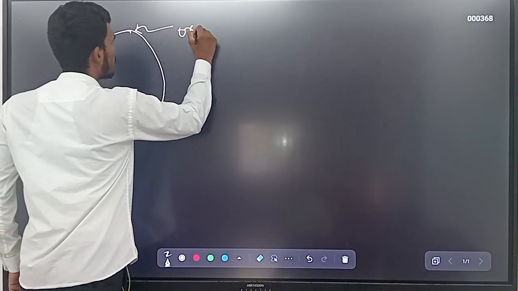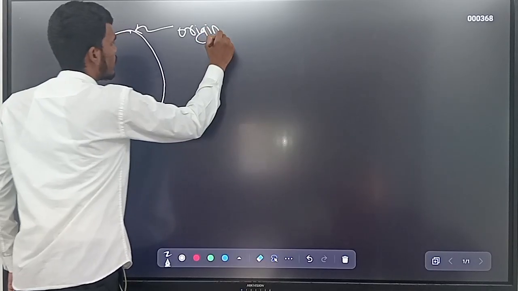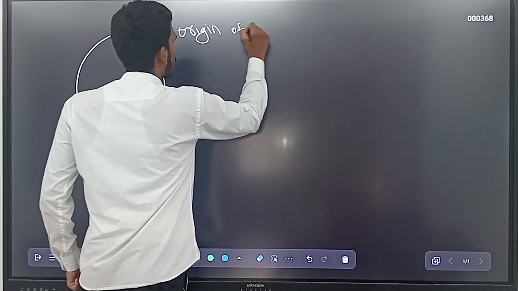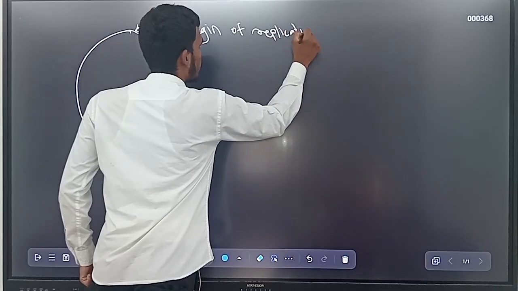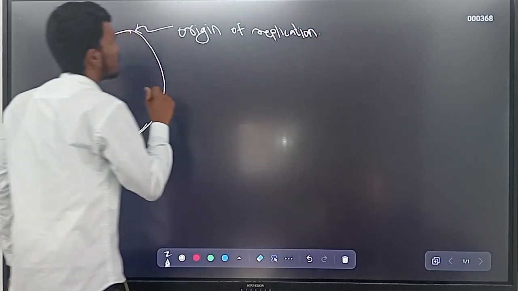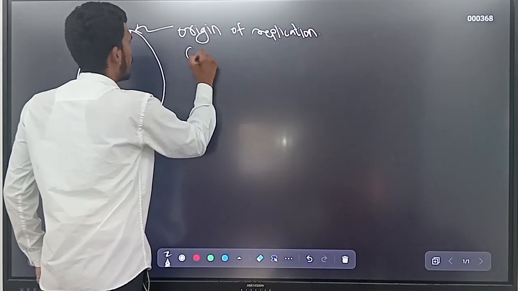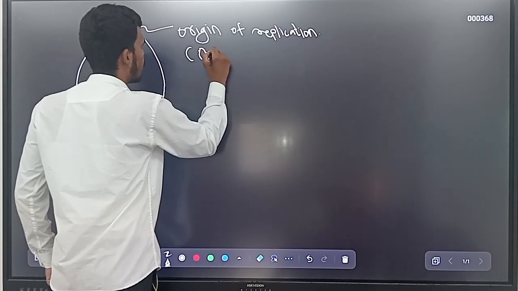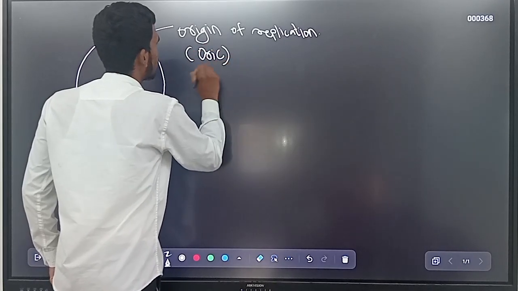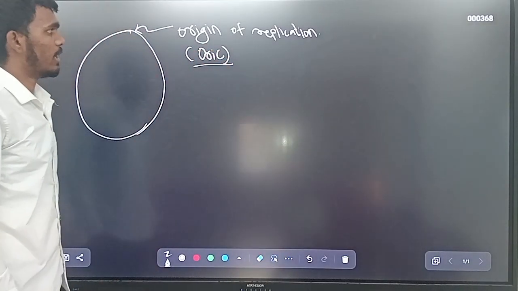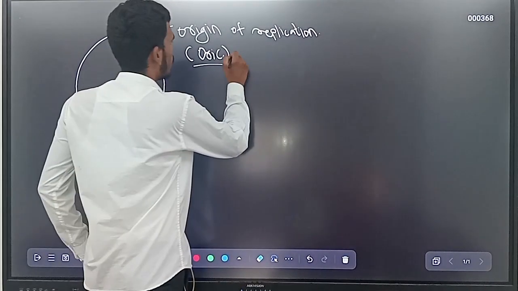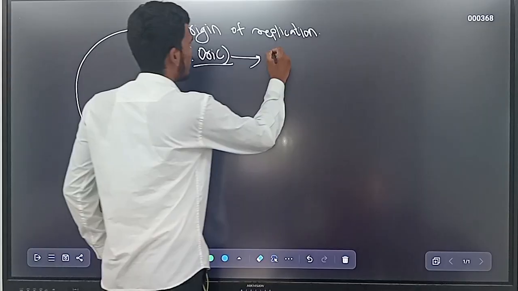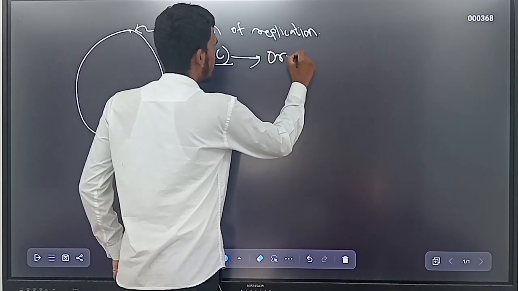So here is the replication fork. This is nothing but the position where the actual replication process is going on, and now I will let you know the exact way or the model by which the replication takes place.